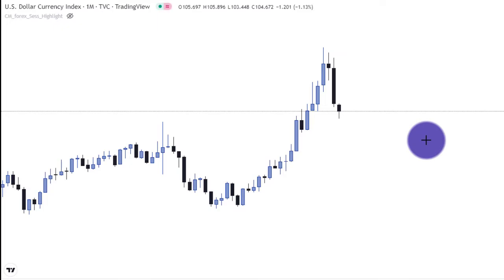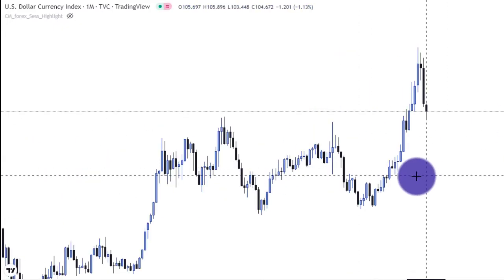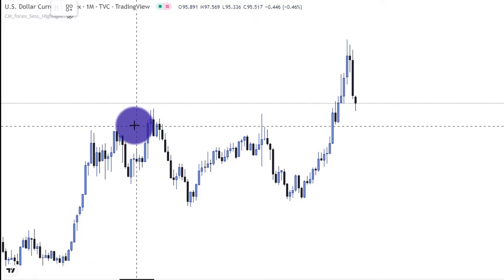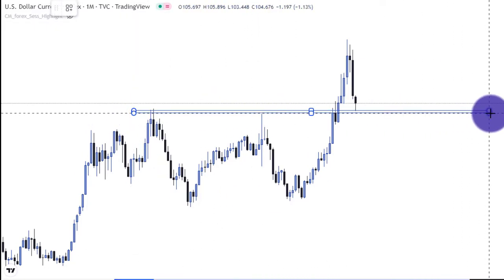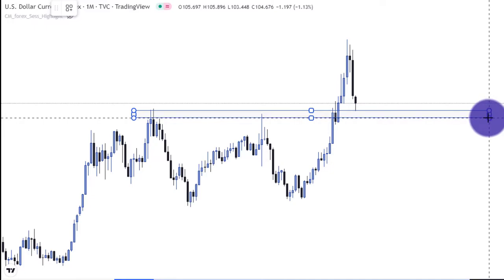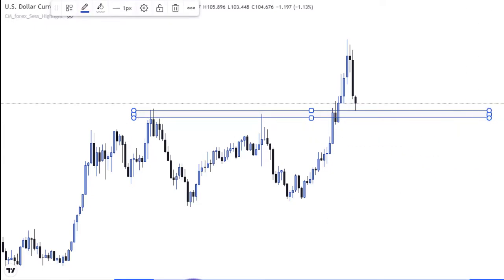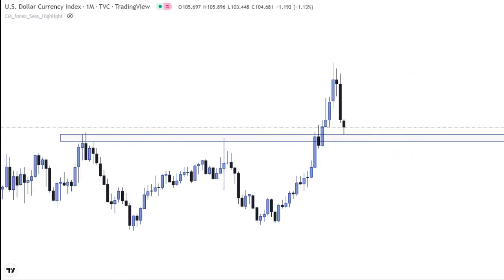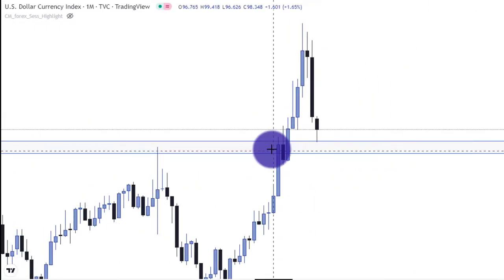So guys, this is the dollar index chart, and we are currently seeing price at what we call a flip zone. We are seeing the dollar at a flip zone, and exactly at that flip zone I am seeing a bullish order block.